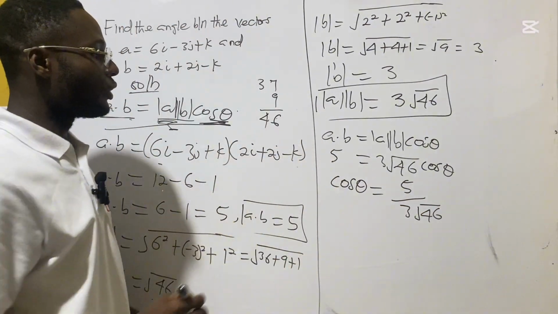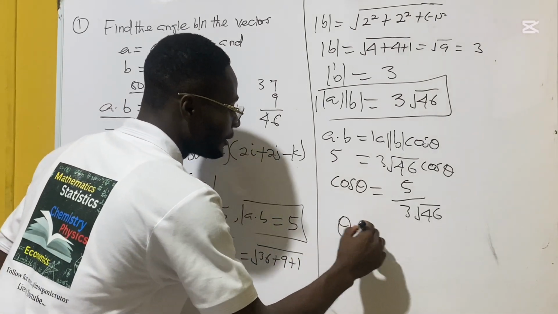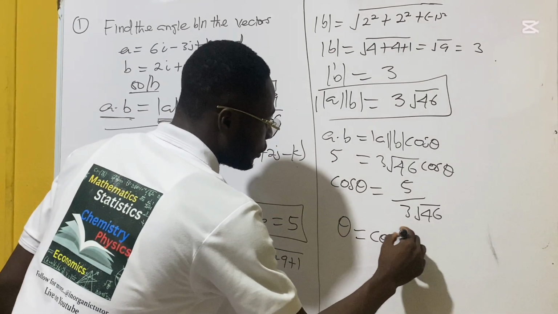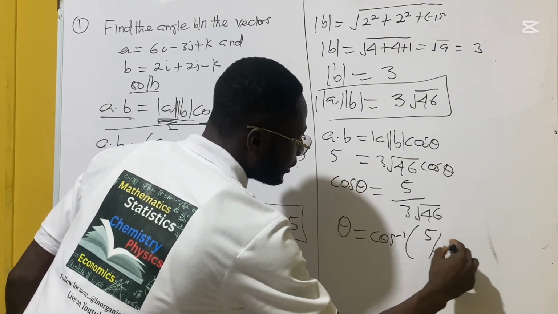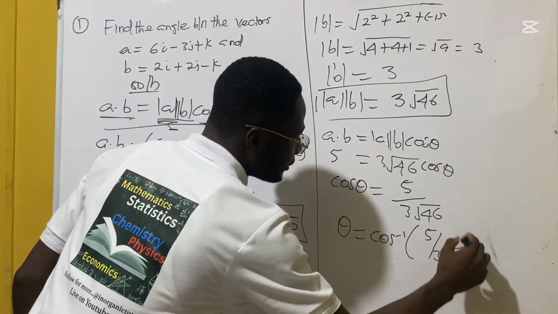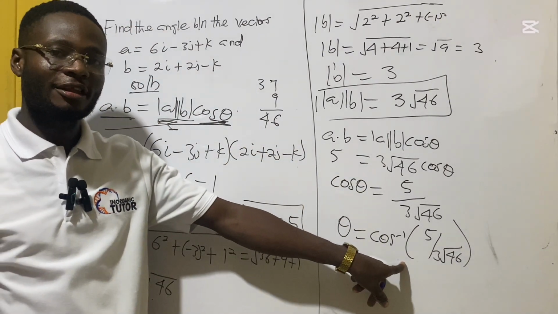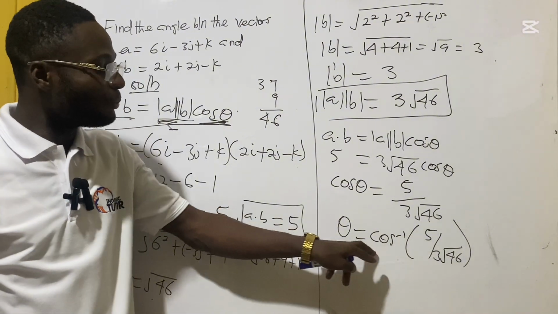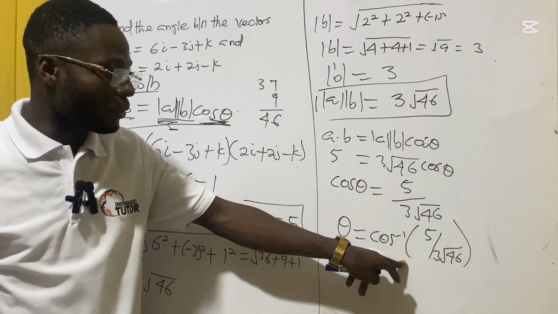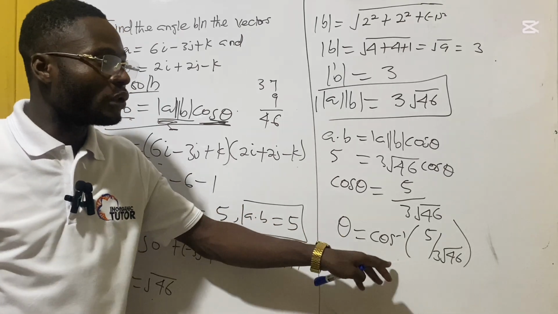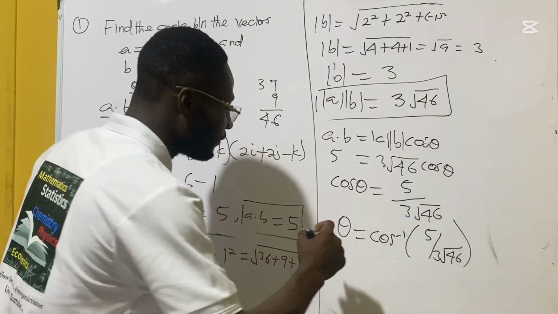So our theta is equal to cos inverse of 5 over 3 times the square root of 46, right? When you verify this with your calculator, you are going to have 75.77.